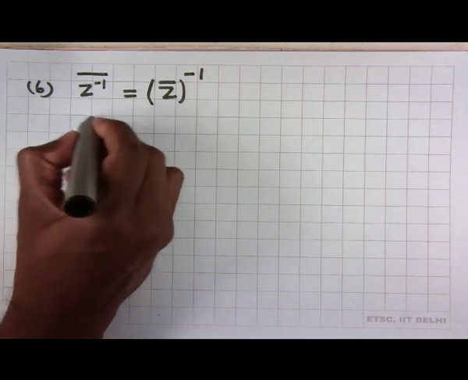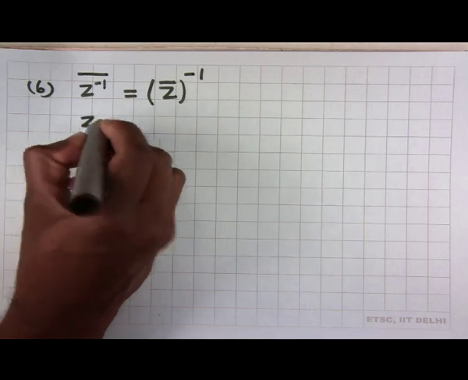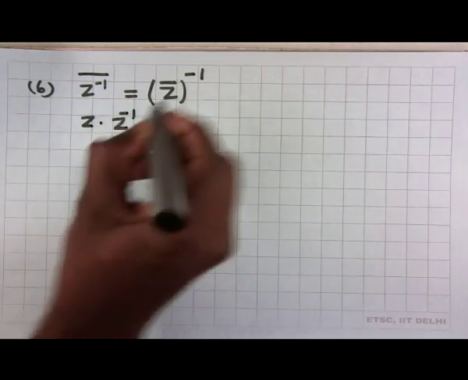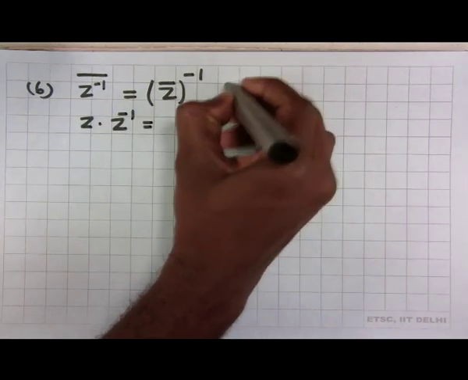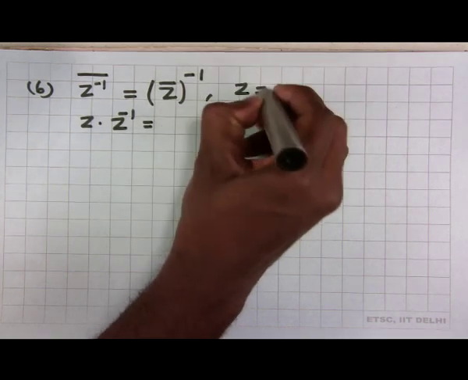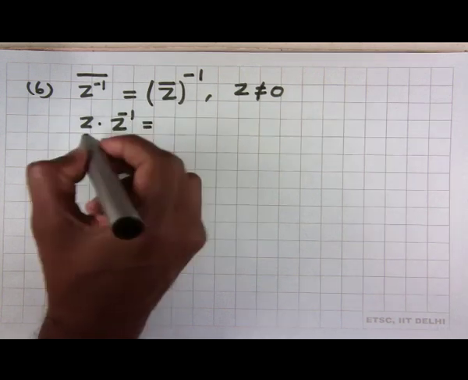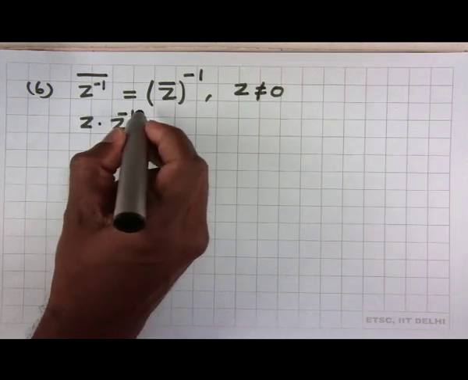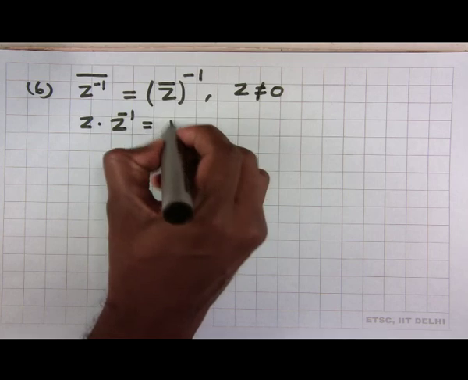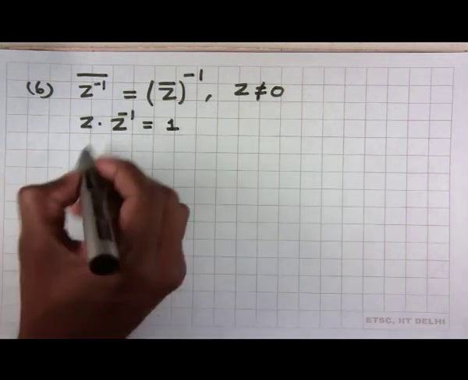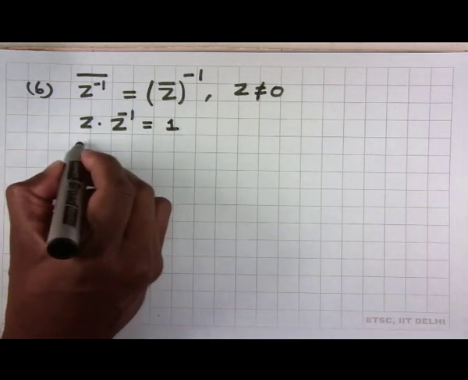By definition of z inverse, of course here z must be non-zero, multiplying with z we get 1, and now you apply conjugation.